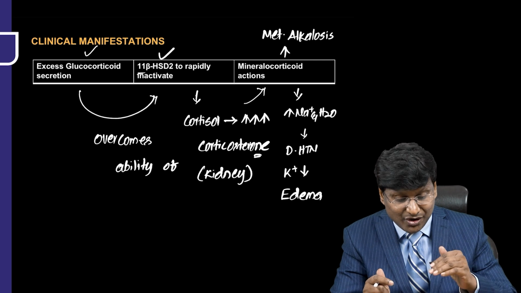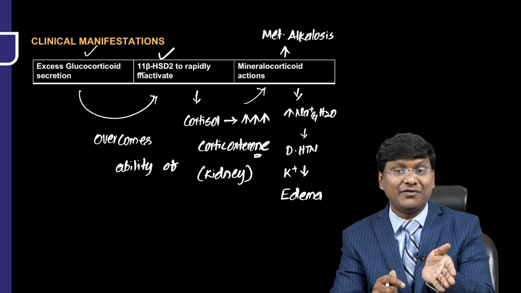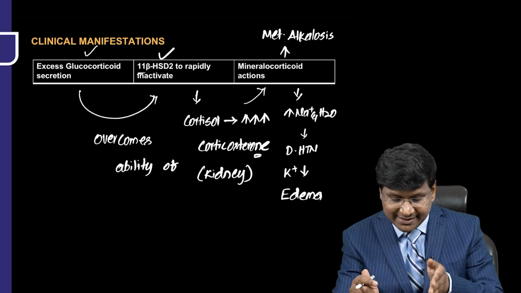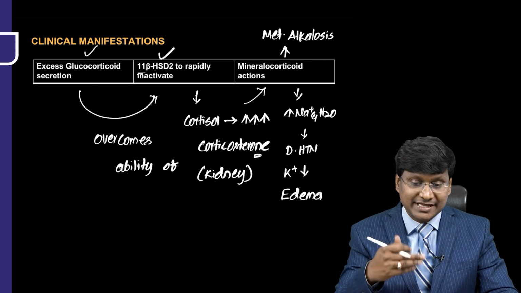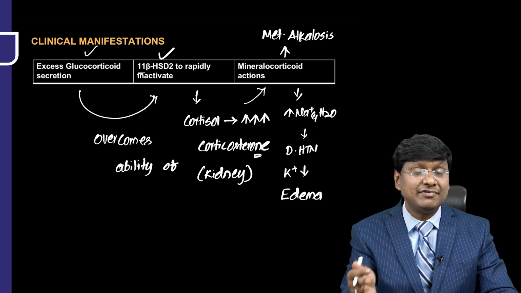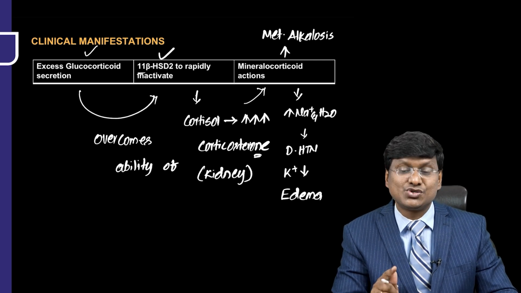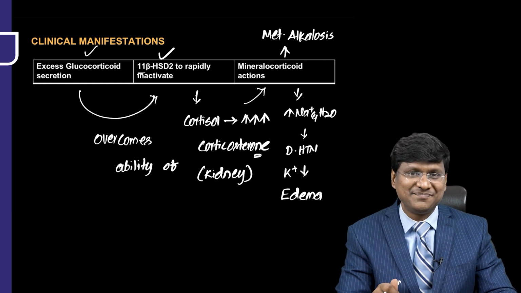Why is that? Because this excess glucocorticoid secretion overcomes the ability of 11 beta HSD2 to rapidly inactivate cortisol to corticosterone. So that ability will not be there. Thereby the cortisol will have the mineralocorticoid action by stimulating the epithelial sodium channels present on the principal cells of the kidney, right?